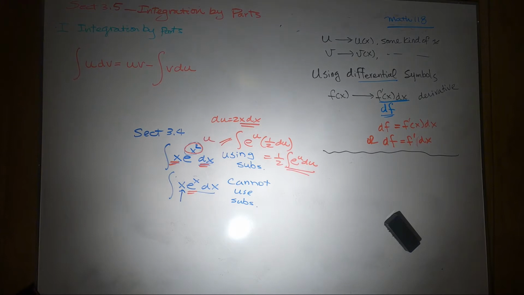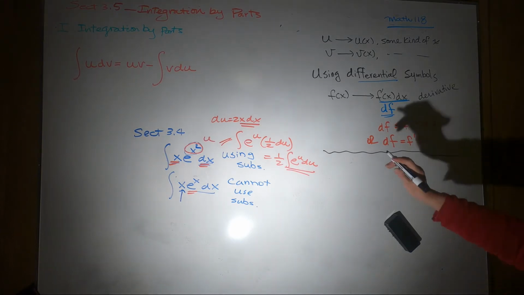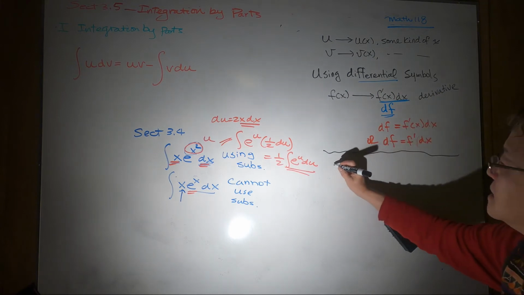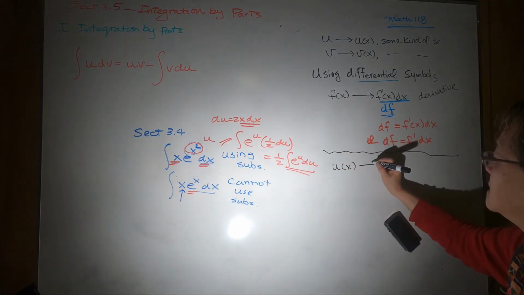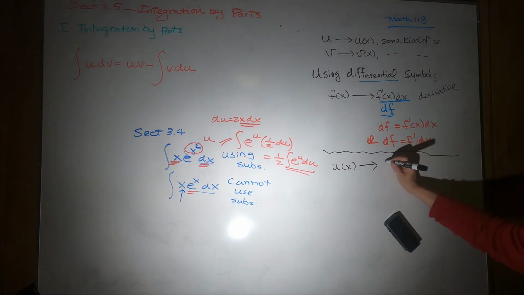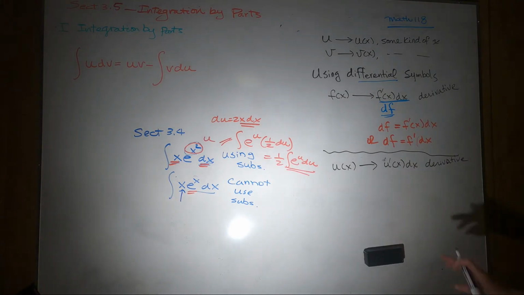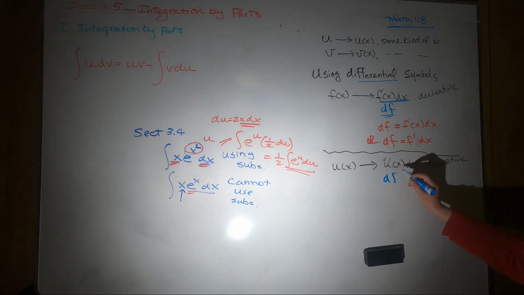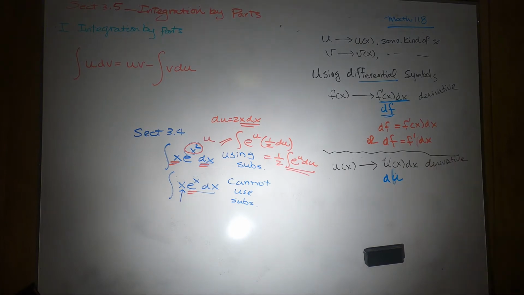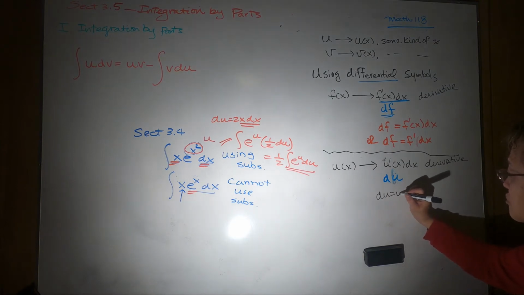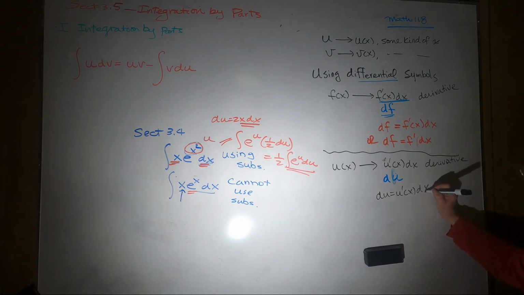Now, we are going to change things to u and v. Okay? So if I have u of x, if I take a derivative, it means what? u prime x dx. That's the derivative style. If I write a differential symbol, that would be what? du. Right? They are the same thing. I can write du equals u prime of x dx.